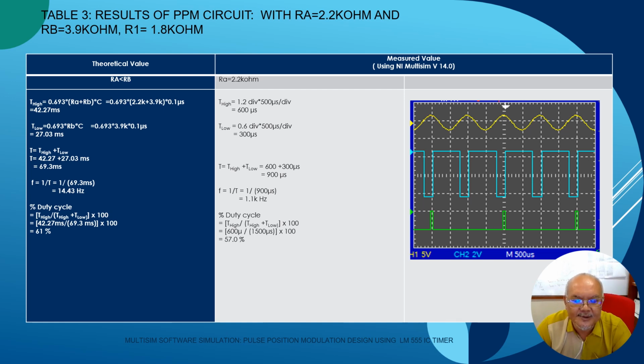By theoretical value, or by calculating, when RA is less than RB, the percentage of duty cycle equals 61%. When we use NI Multisim version 14, the percentage of duty cycle was equal to 57%.